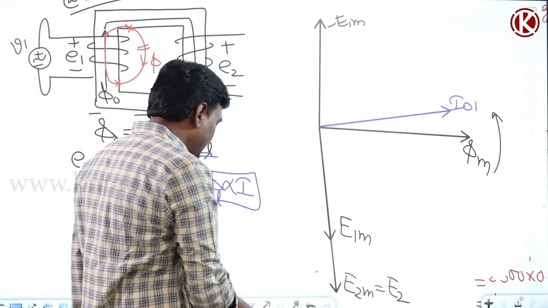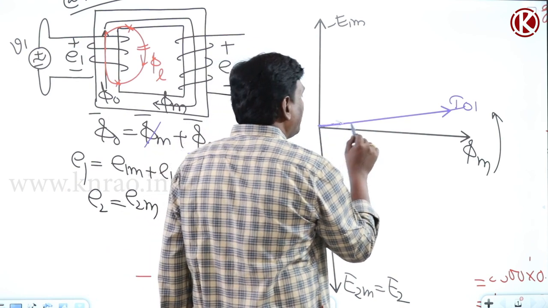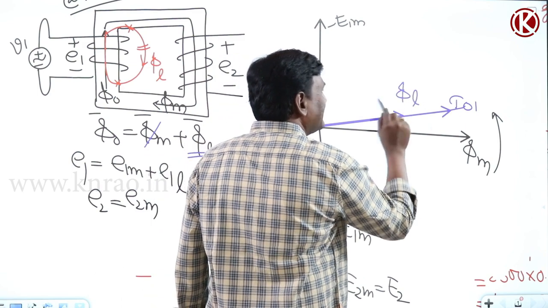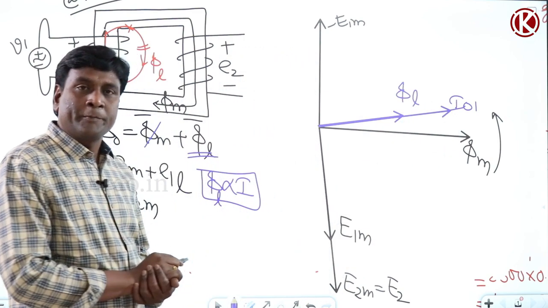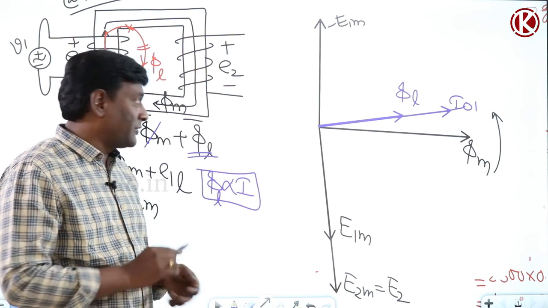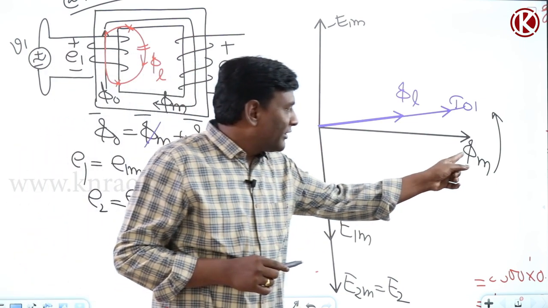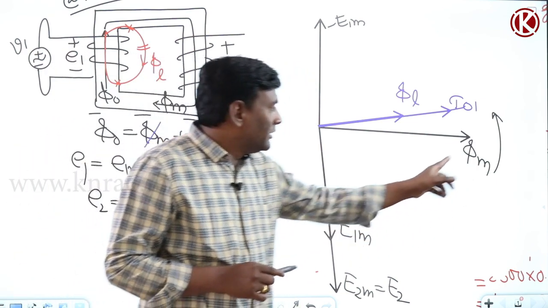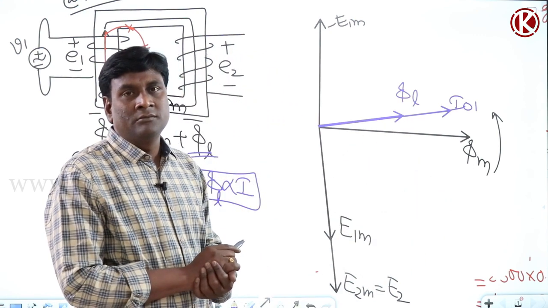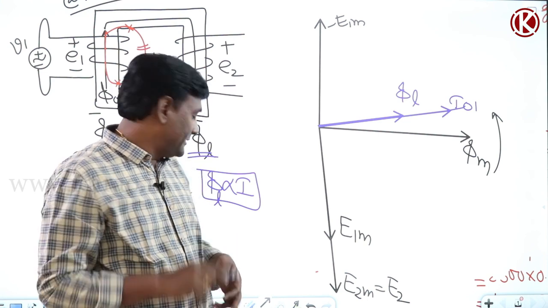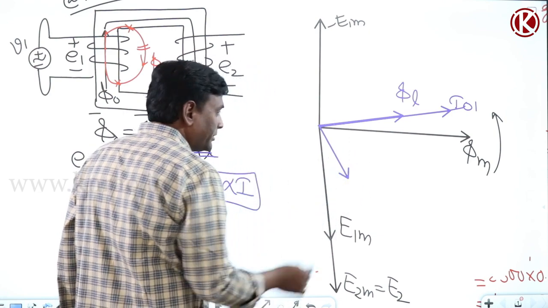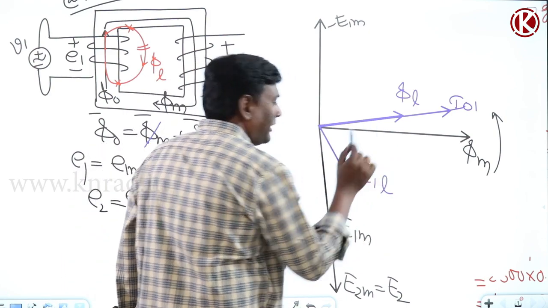So I0 is there, and let me think of this as phi L, because leakage flux and current are in line. For the mutual flux I got the induced voltage E1M. For this leakage flux I should get an induced voltage in the primary only, not in the secondary. So 90 degrees to this, this is going to be E1L.